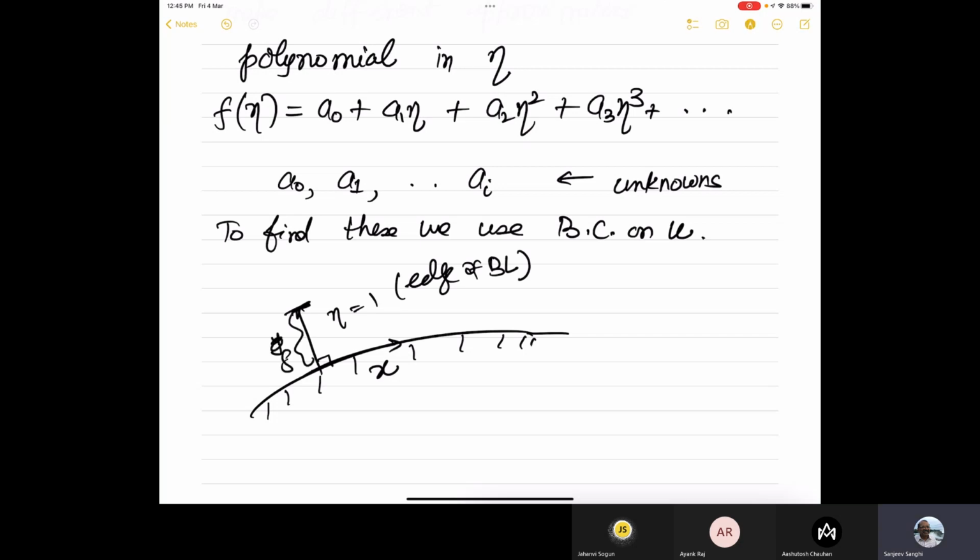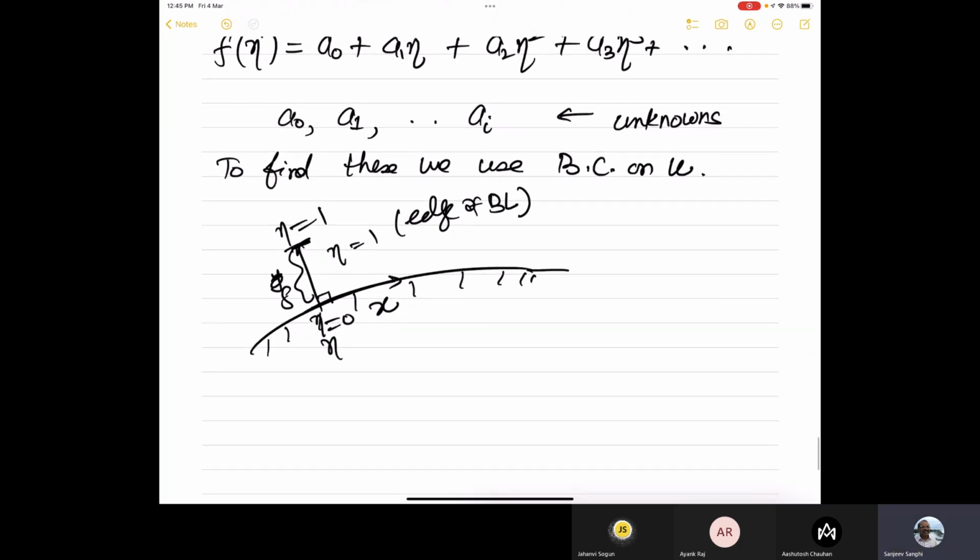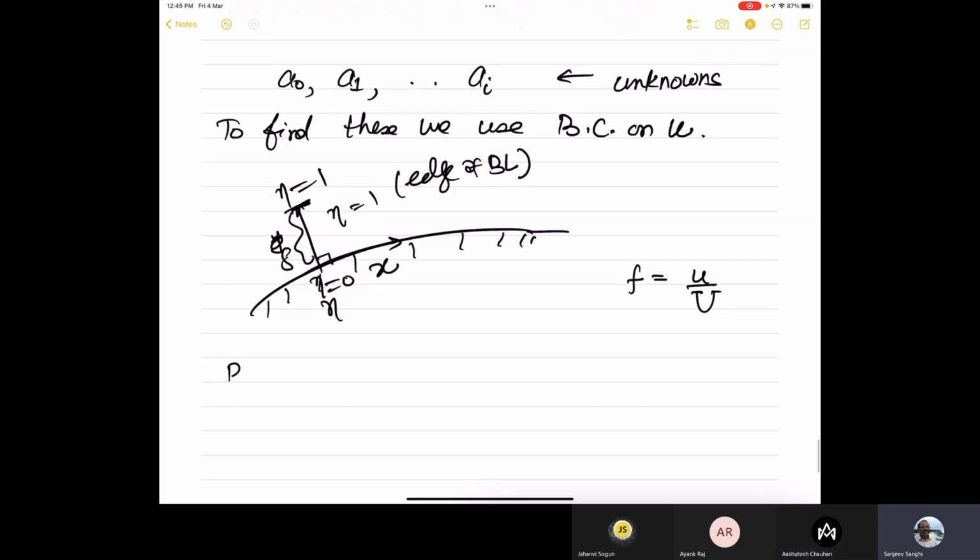This is total delta, so eta is 0 here, and eta is 1 at the edge of the boundary layer. Now, what are the boundary conditions we have on f? Keep in mind, f is nothing but small u upon capital U. The boundary conditions will come at eta equal to 0 and eta equal to 1.